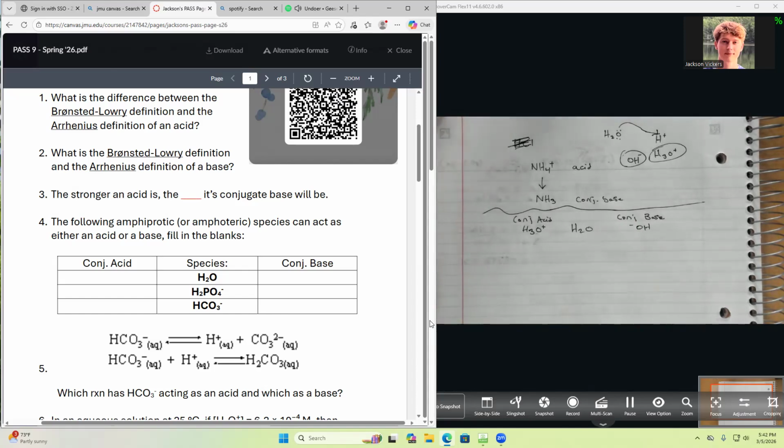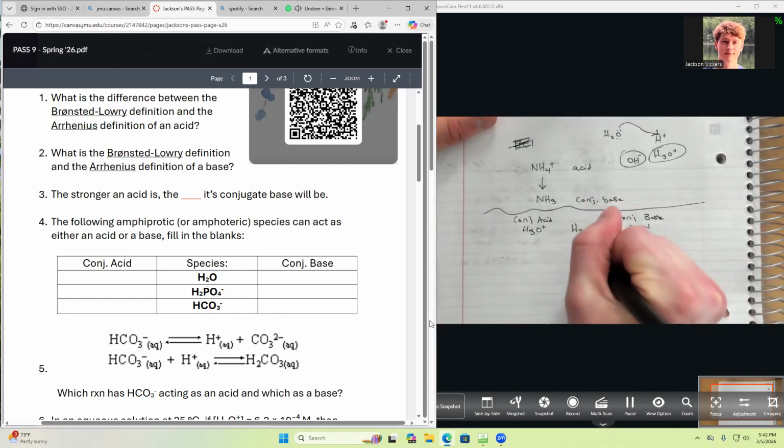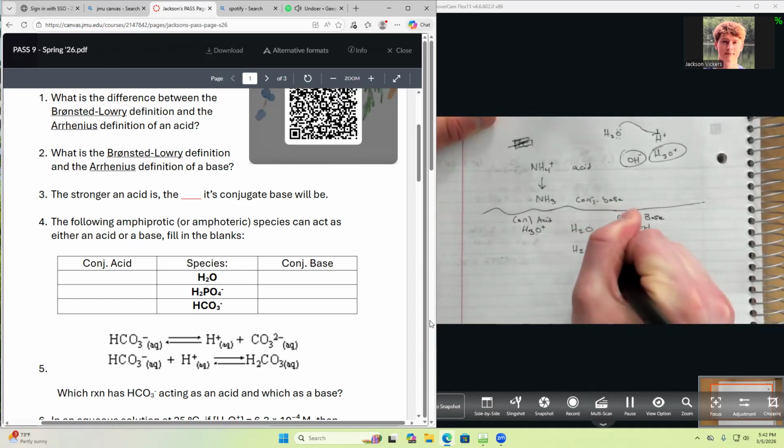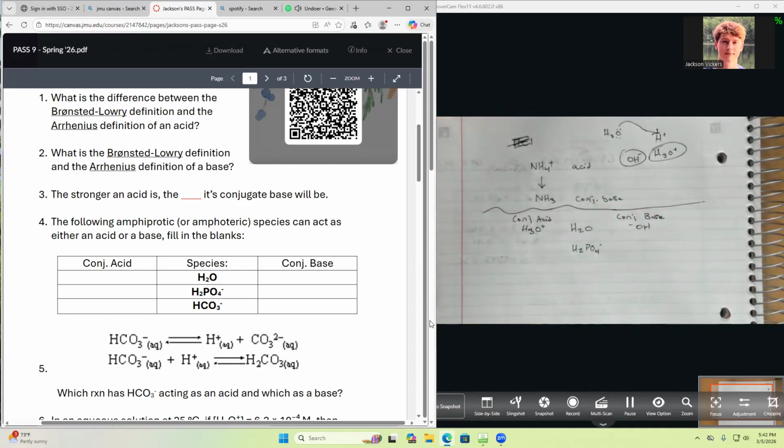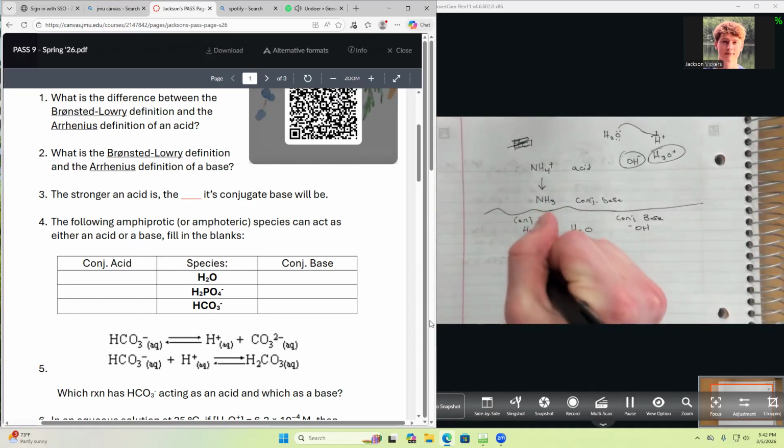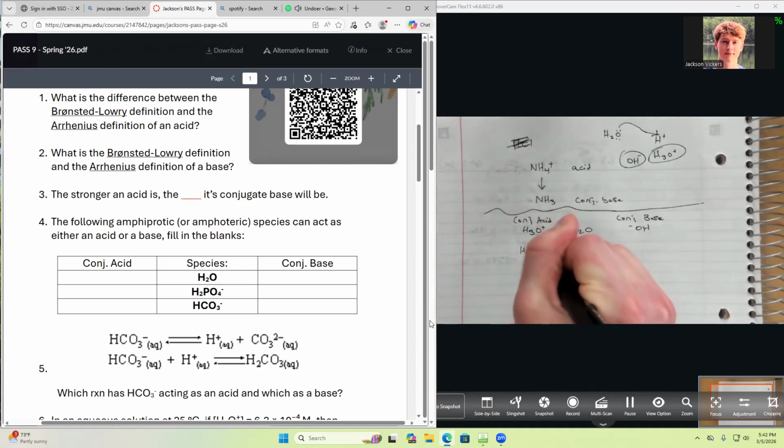We can go a little bit quicker through the next few because it's the same idea. But H2PO4 minus is another one of these amphiprotic species. So what would its conjugate acid be? You nailed it.